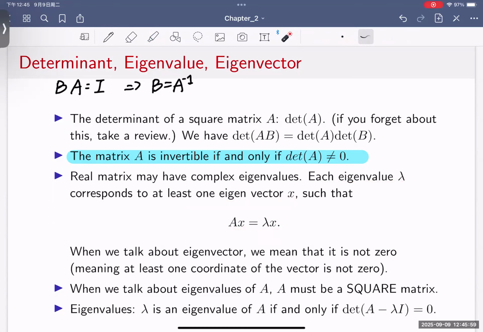If we can find this x and the corresponding lambda, then we call lambda our eigenvalue and x an eigenvector. Here, A is a table of numbers, but lambda is just a constant value.